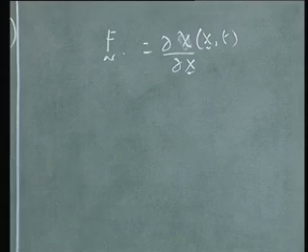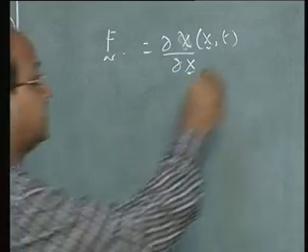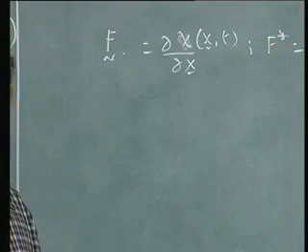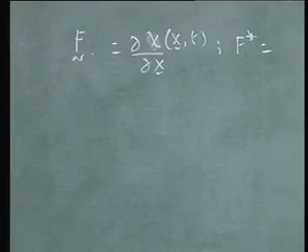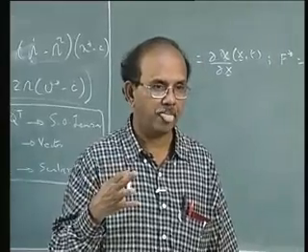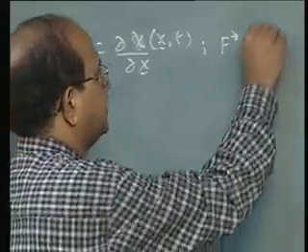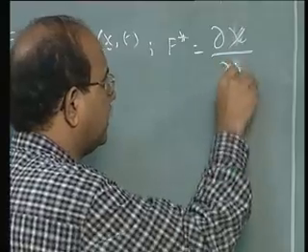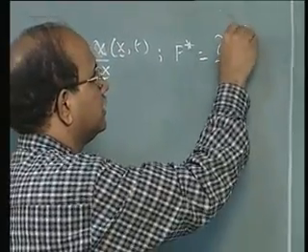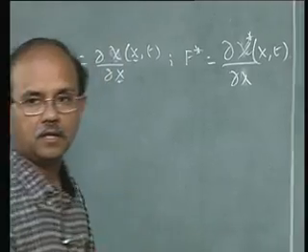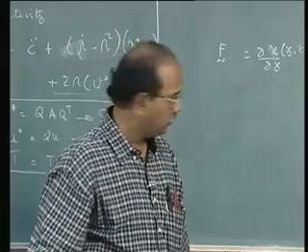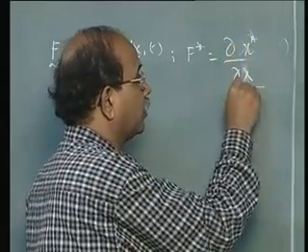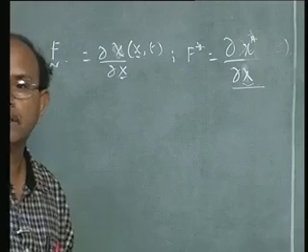And note that when we define F star, it is defined in such a fashion that the reference configuration is the same for both observers, or in other words, F star is dou chi by dou capital X, which is written as dou small x star by dou capital X. Note that both of them are the same.